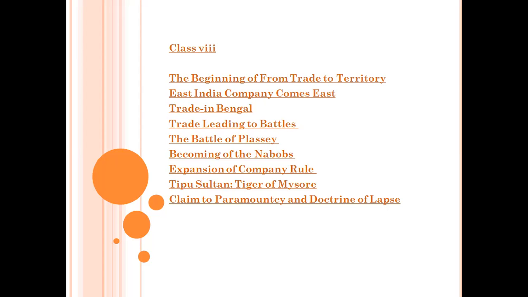For example, the story of West Bengal, Awadh, Jhansi, and so on. In the beginning, they started trading, and later on they started interfering in personal matters. For example, Sirajuddaulah, Alivardi Khan, Mir Jafar, Mir Qasim.